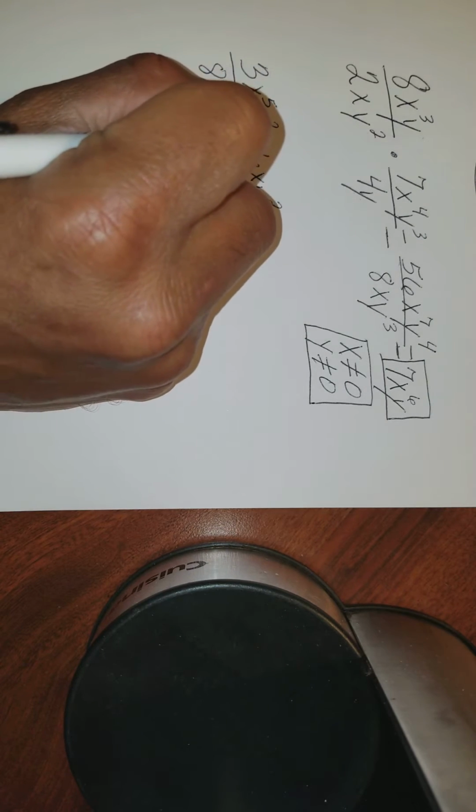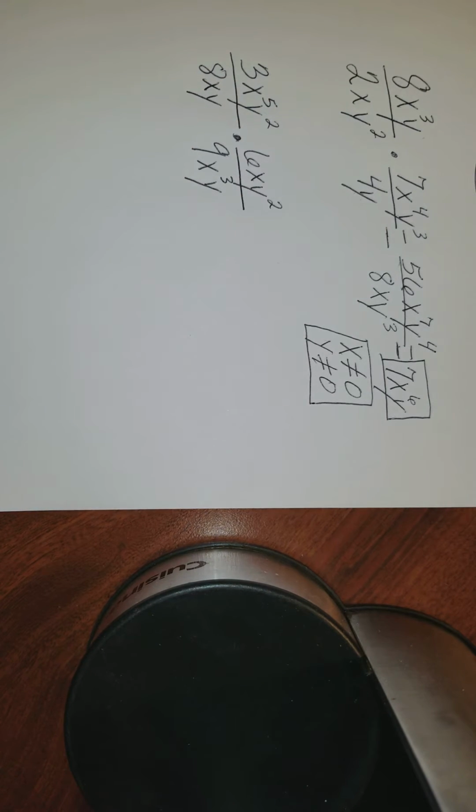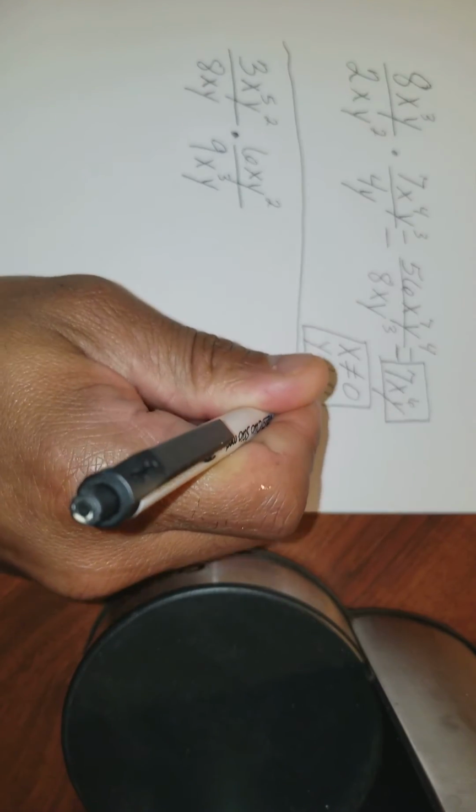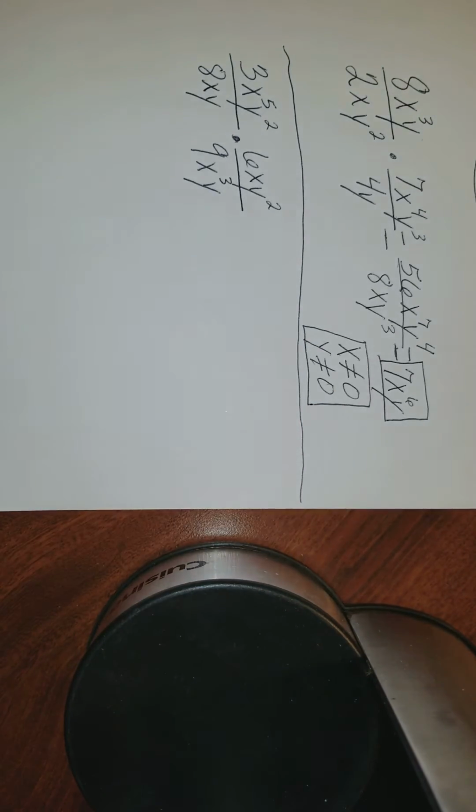What I would like for you to do is go ahead and multiply these two rational expressions. Now what I'm going to ask at this time is that you pause this video, and when you are done with your problem, go ahead and unpause it and watch me work it out.